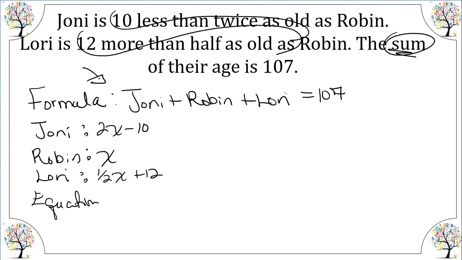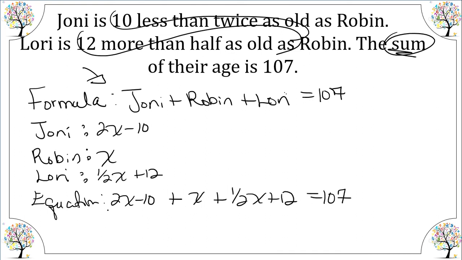Now use your formula to create your equation. For Joni, that's 2x minus 10 plus Robin is x plus Lori is 1/2 x plus 12, and that equals 107. We're going to combine 2x, 1x, and half x. So that is 3.5.